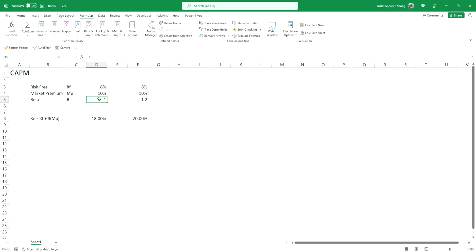Actually, that language is not right. We would say this stock is more volatile than the market because its beta of 1.2 is higher than 1, and the 0.2 represents, let's say, a 20% increase in volatility.